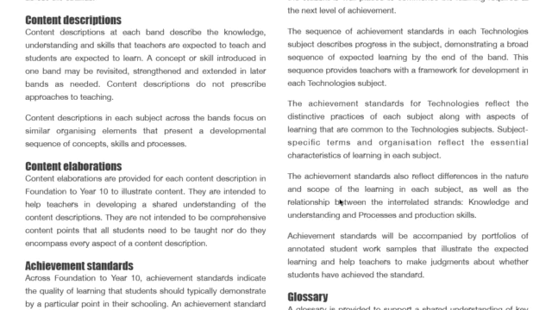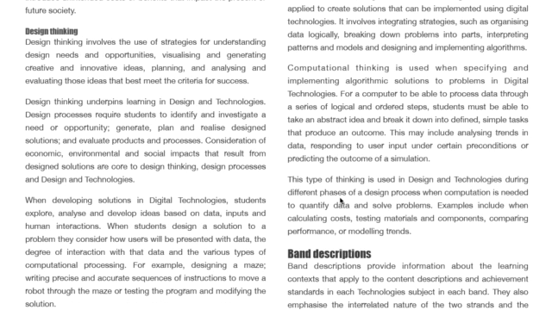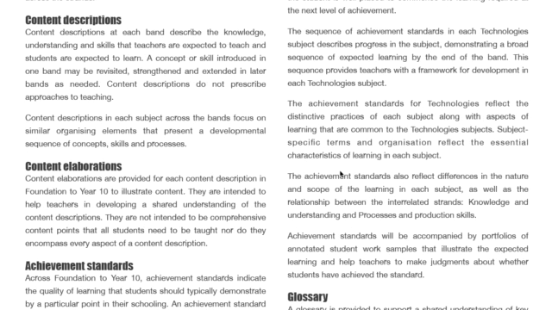Okay, so within each of our subjects, we've got various band descriptions that describe what students should have learnt at various year levels. So F to 2, 3 to 4, etc. And we've got various content descriptions at each band that describe the knowledge and understanding and the skills and processes that students should be able to do.